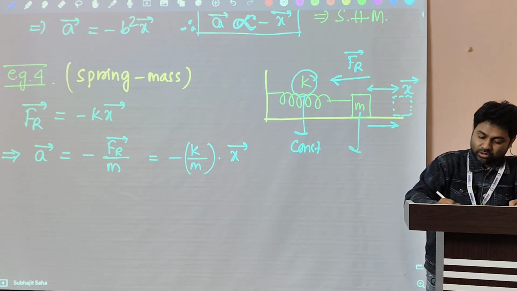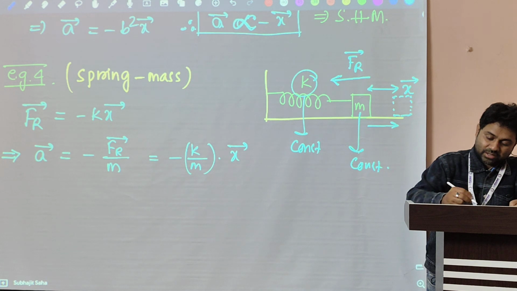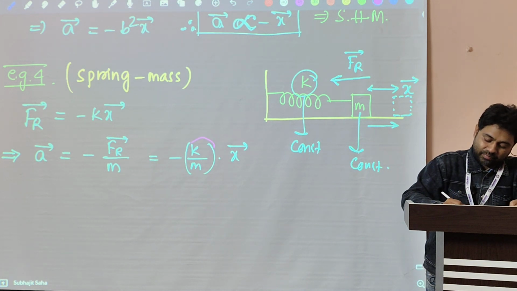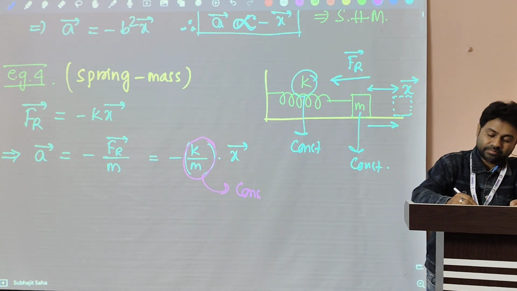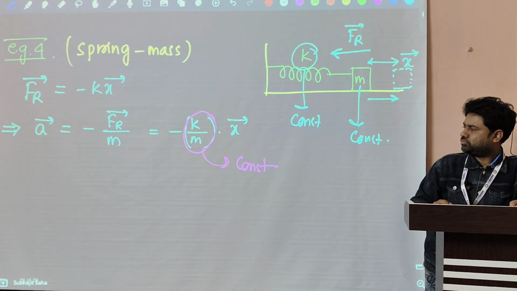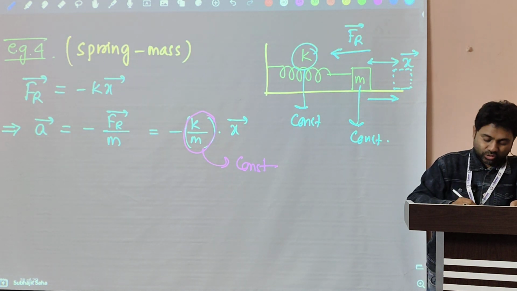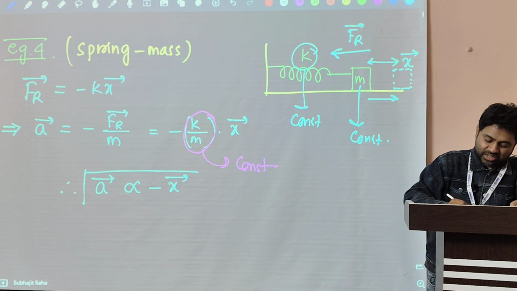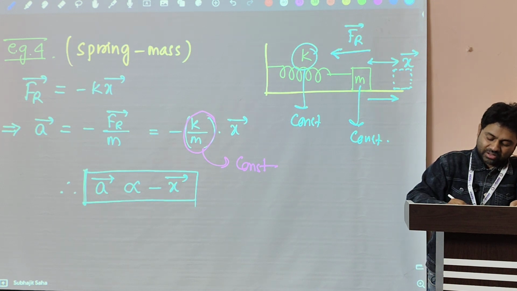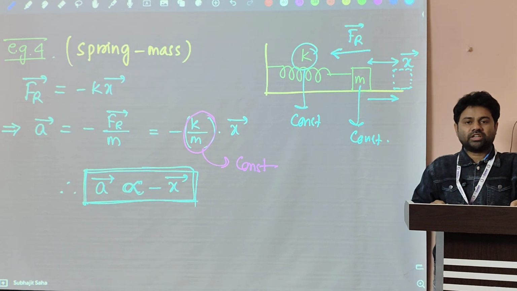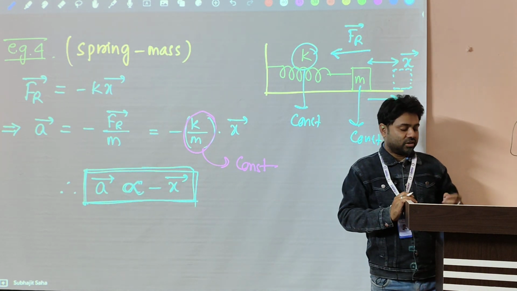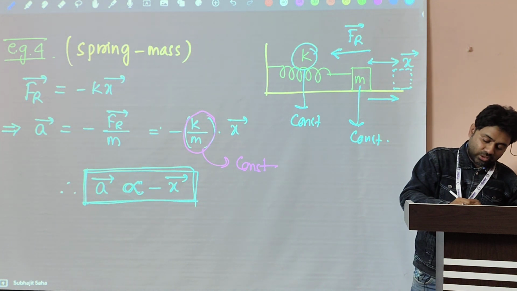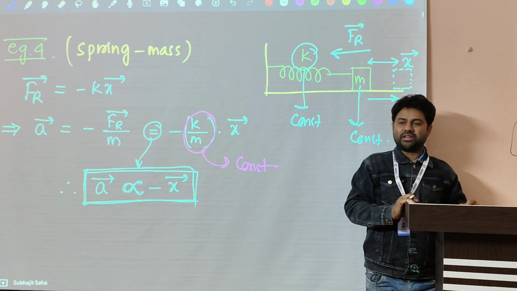The mass is also a constant, which means k by m is also a constant. So for the next line you can write acceleration is proportional to negative of displacement. If you discard a constant from an equation, you can convert the equation sign into a proportionality or variation sign.